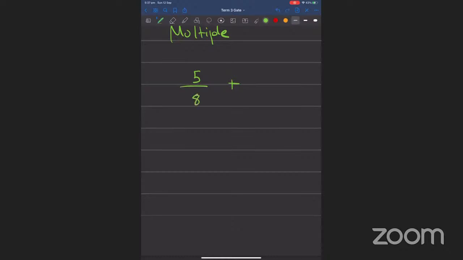Okay, 8, and then make this 6, this will be 5 as well. There you go. 5 over 8 plus 5 over 6. Actually, you know what I'll do?